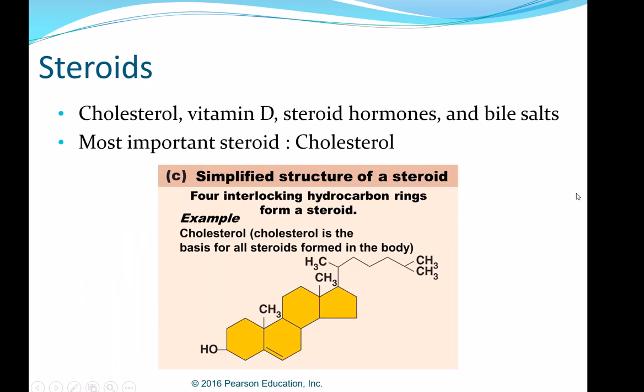Steroids are an important part of several different hormones in our body: testosterone, estrogen, vitamin D, and cholesterol. And in fact, cholesterol is our most important steroid in our body. Cholesterol gets a bad rap, like your cholesterol is too high. But cholesterol is actually incredibly important.